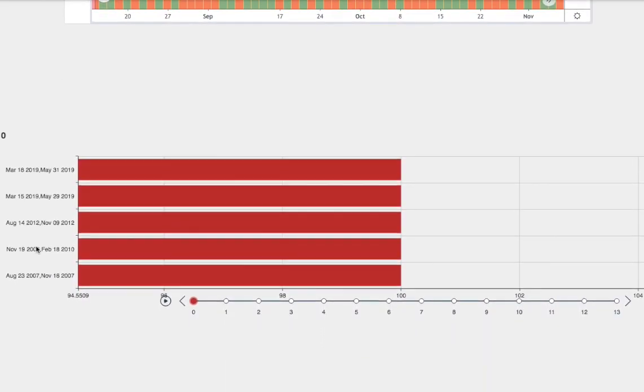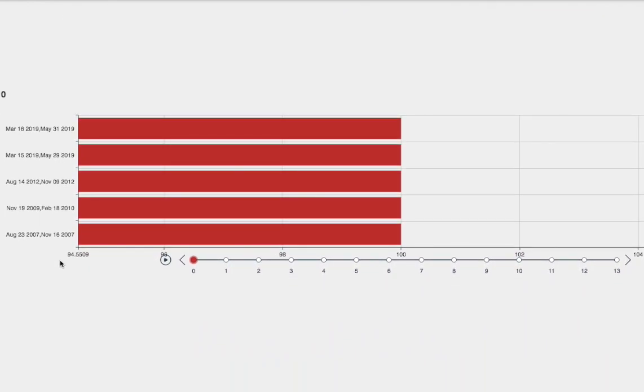So what we have here is the forecast model. I'll go day by day, where the S&P 500 went back in 2012 from August 14th. So 1 day out, 2 days out, 3 days out, 4 days out, 5 days out, 6 days out, and 7 days out.